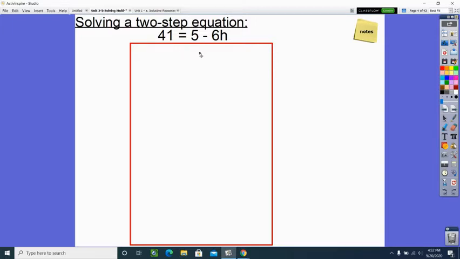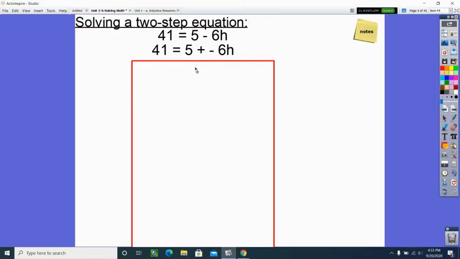So when we're solving this two-step equation, the first thing is people will often make a mistake and think that the 5 is being subtracted. Now, if you look in front of the 5, the sign is a positive. It's a positive 5. Subtraction does not go right to left. So in order to move that 5 to the opposite side as we try to solve for h, we would not be adding 5.